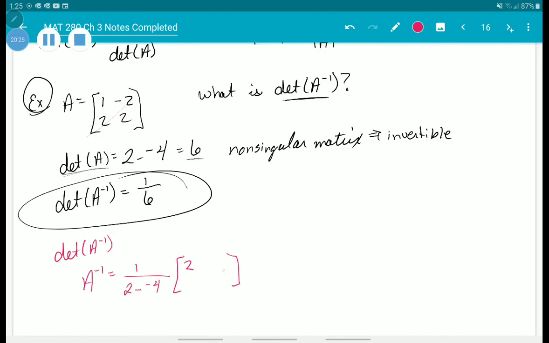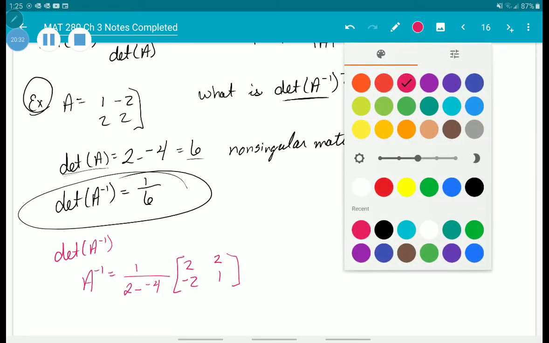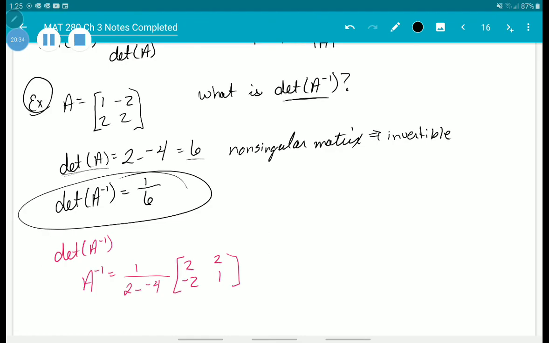We switch A and D. We negate B and C. So we have 1 over 6 times the matrix 2, 2, negative 2, 1.